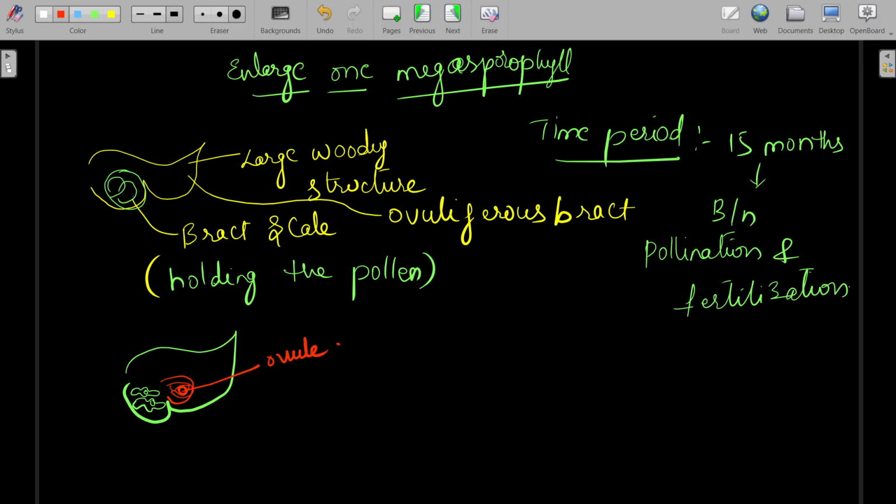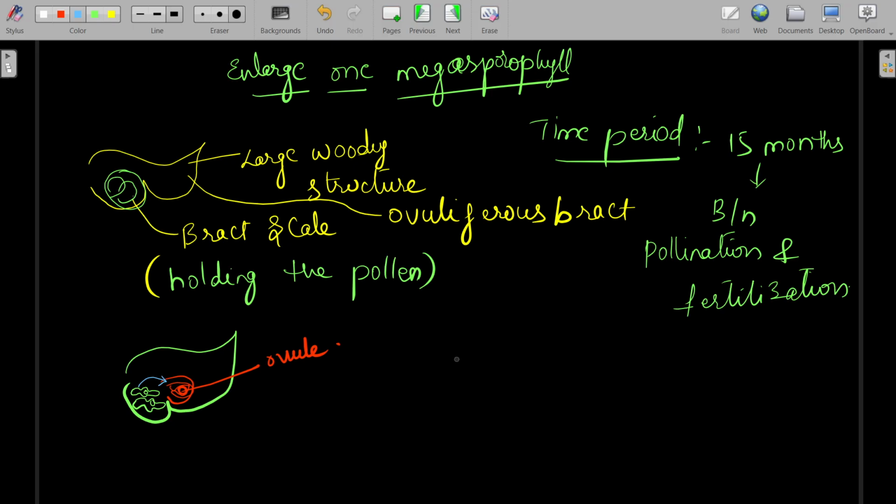At the time of fertilization, these pollen grains germinate, produce a pollen tube, and reach the ovule for fertilization.